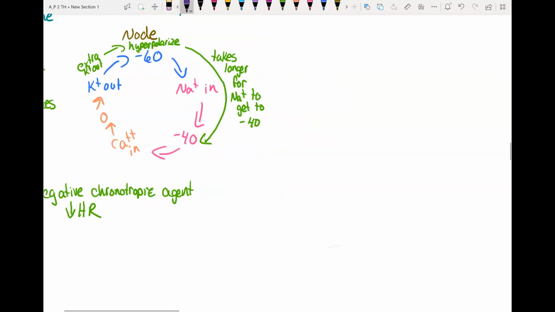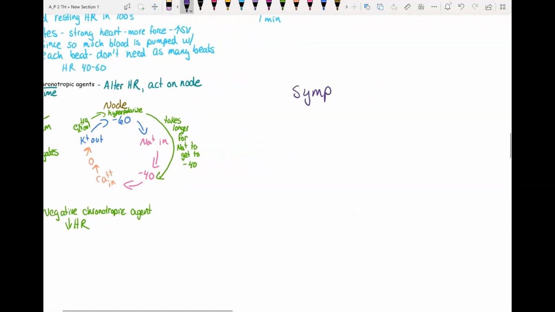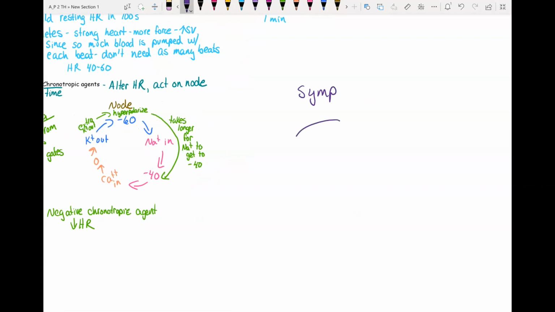Then we have sympathetic. So remember, sympathetic works because your cell has beta receptors. Norepinephrine binds to the beta receptor.